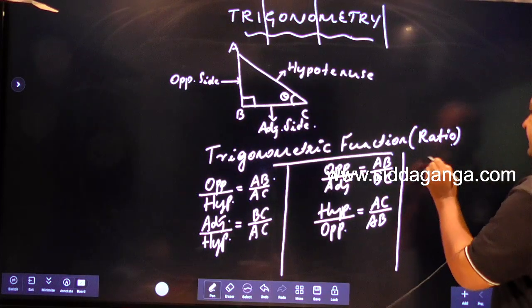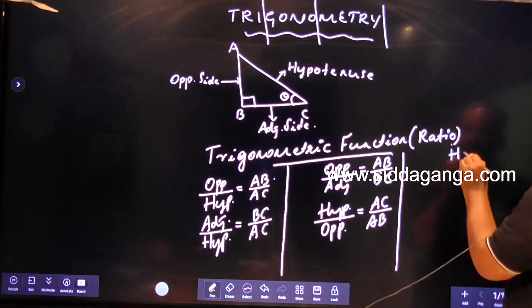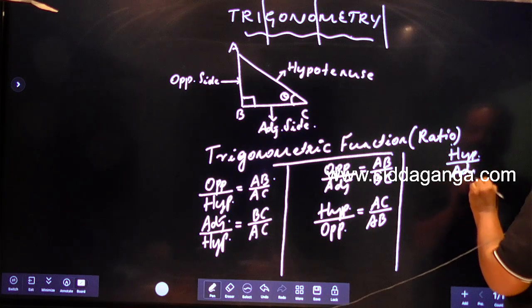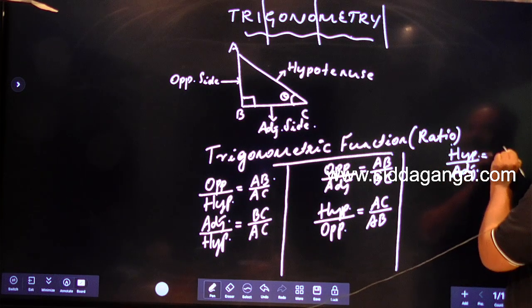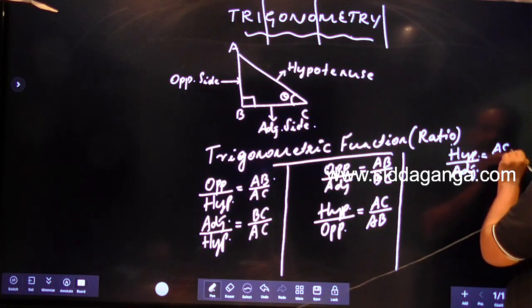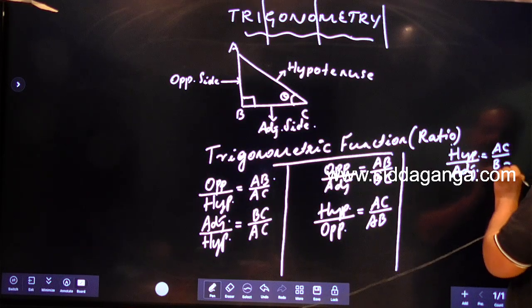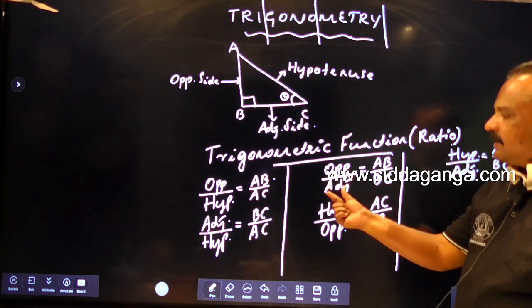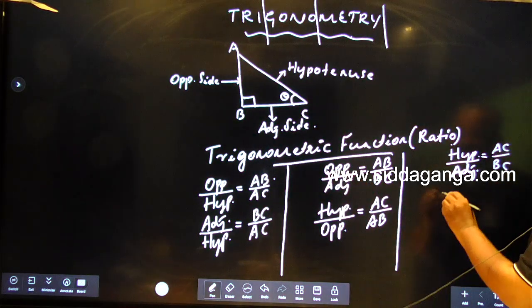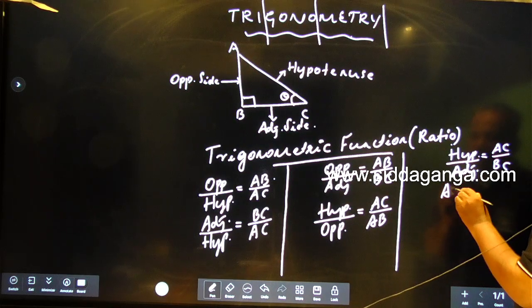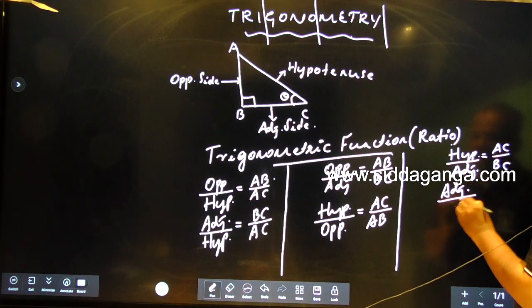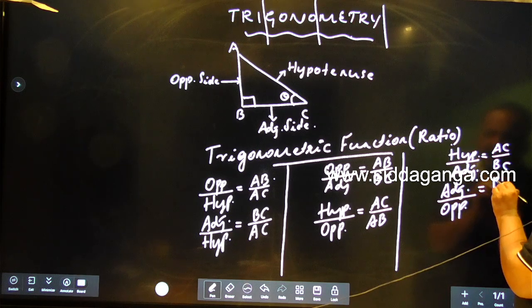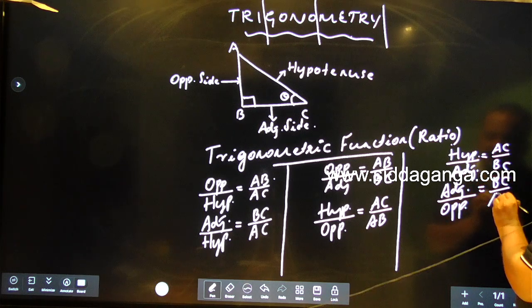Then it becomes hypotenuse by adjacent. That hypotenuse is nothing but AC by BC. This is another ratio. If you take the reciprocal of opposite by adjacent, then you get one more ratio, that is adjacent by opposite. Adjacent is BC, opposite is AB.